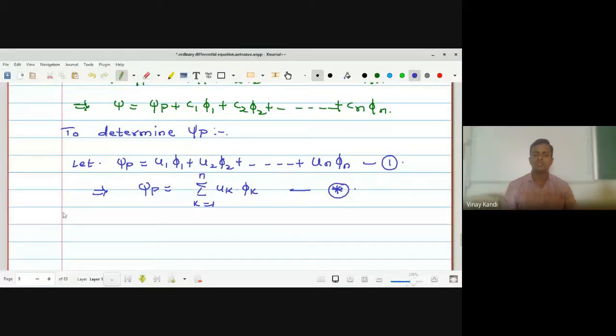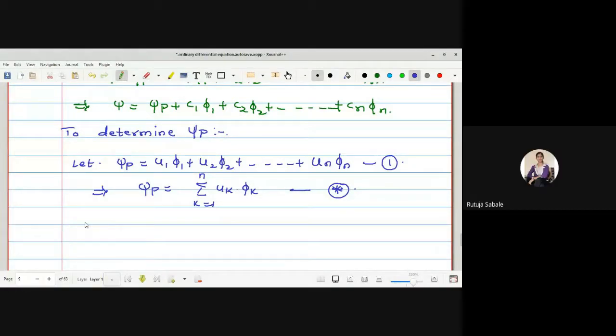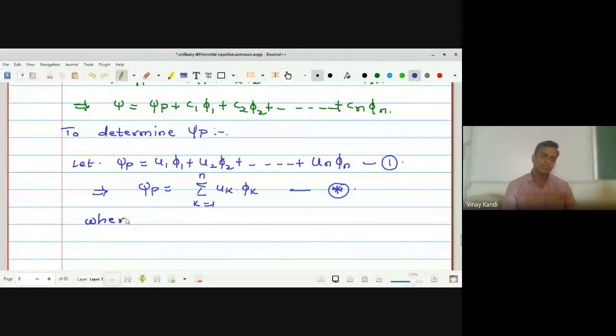Okay, any doubt up to here? No, sir. Where u1, u2 up to un are arbitrary functions to be determined.